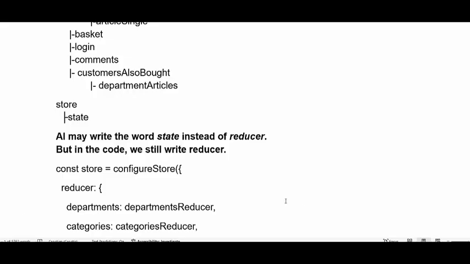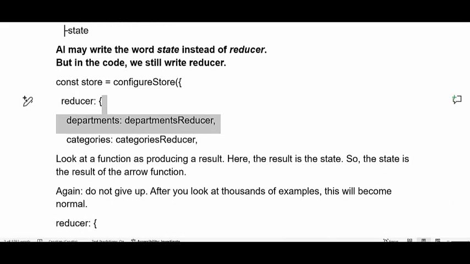AI may write the word state instead of reducer. But in the code, we still write reducer. Here is the code. Constant declaration of object store equals configureStore. And here is a reducer. In the store, here is reducer. And in curly brackets, all other reducers: departments, categories, etc.